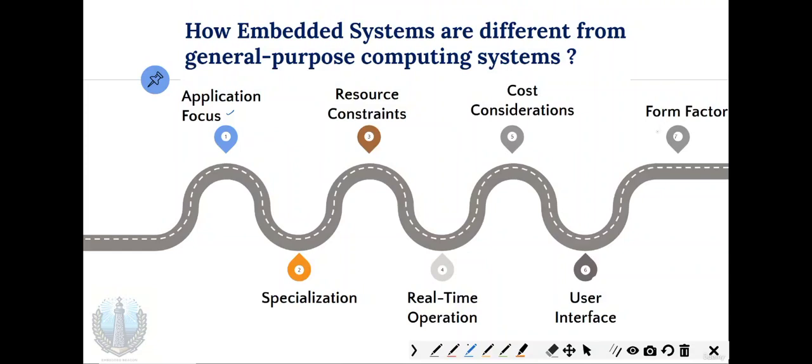It could be packaged as part of a larger system, or it can itself be a small system that fits into the place where it has to do its job. So these are the key differences between a general purpose computing system and an embedded system.